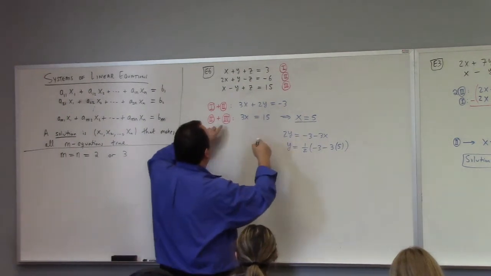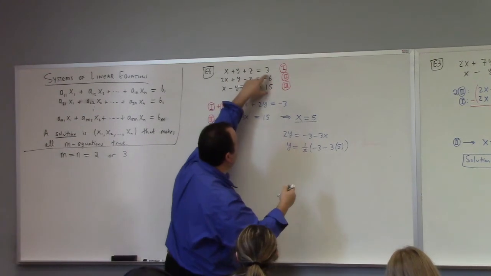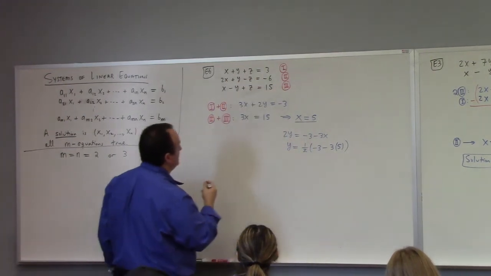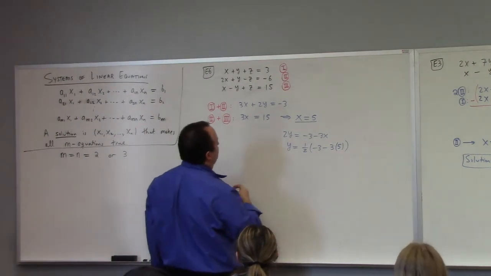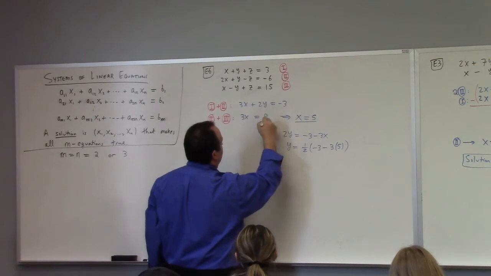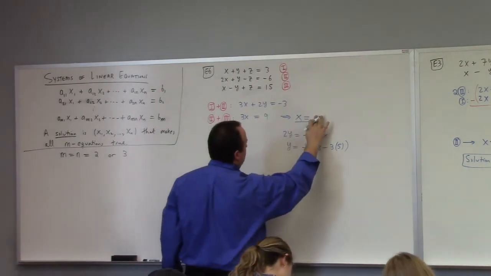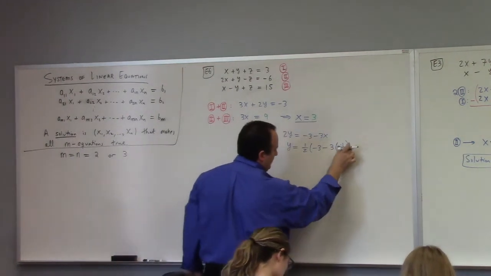I added equation 2 and 3. So 3x, those cancel. 15 minus, oh, that's a good question. I made a mistake, this is a quick answer. Let's see here, 9. So x is equal to 3, thank you. And so that puts a 3 here.